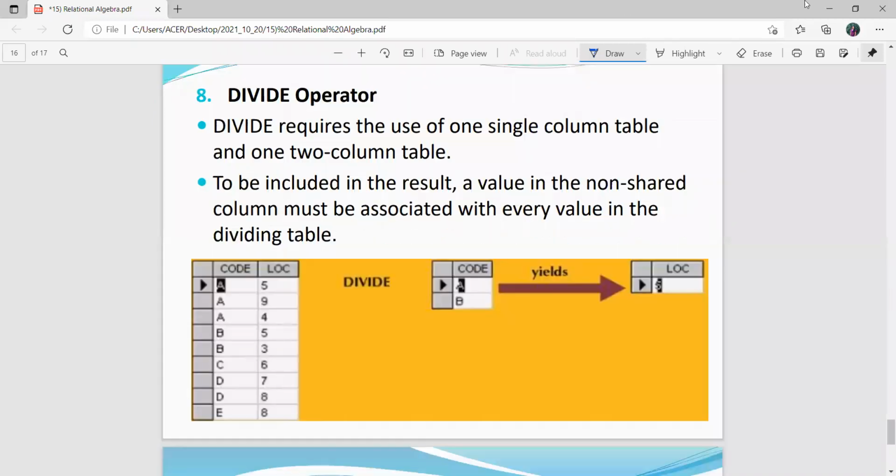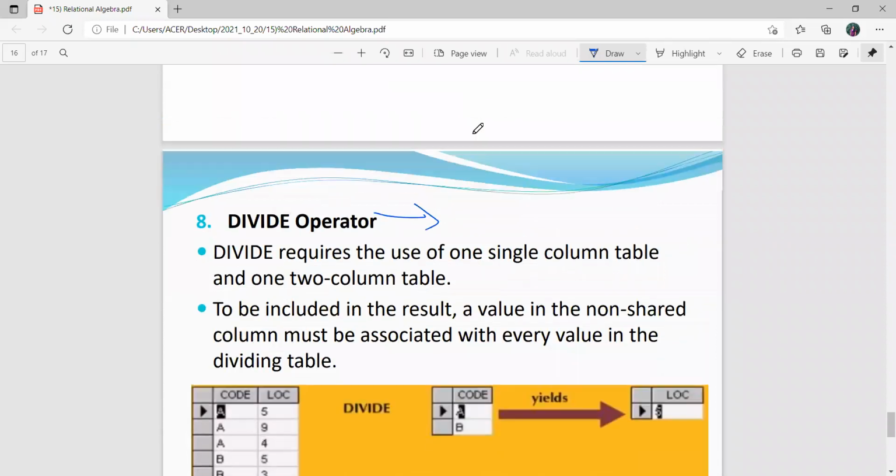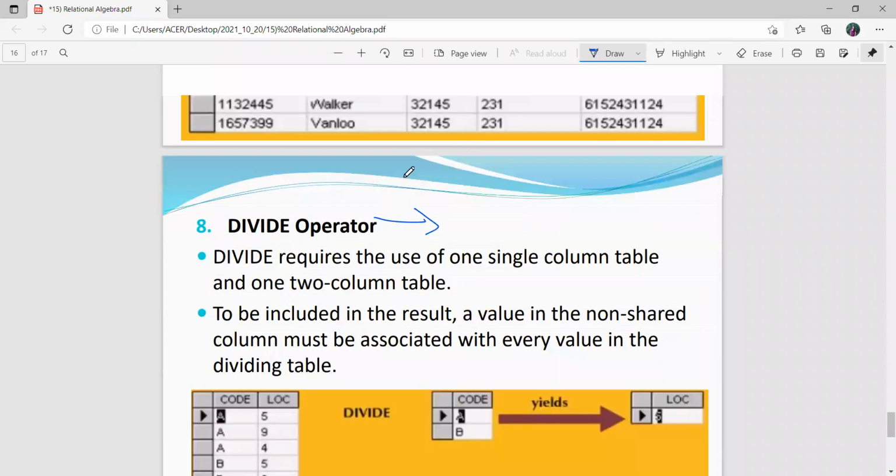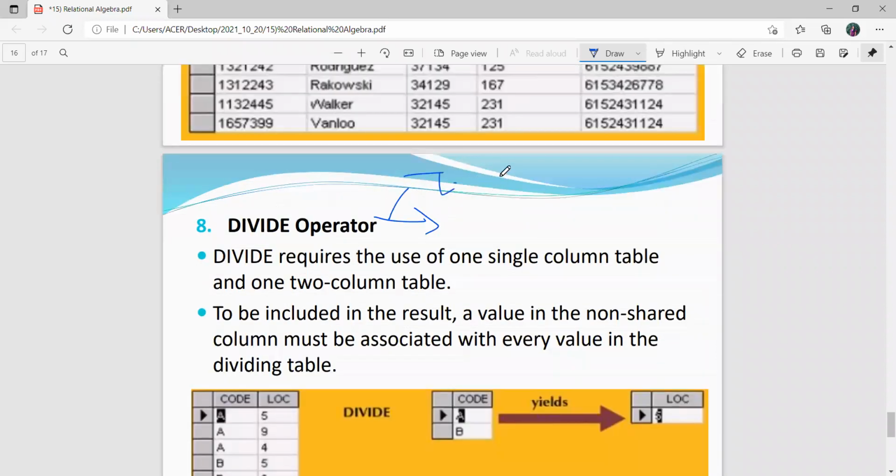Then the divide operator. When we consider the divide operator, it is required to use a one-column table and a two-column tables to perform the divide operation. One table should consist of one column and the other table should consist of two columns.